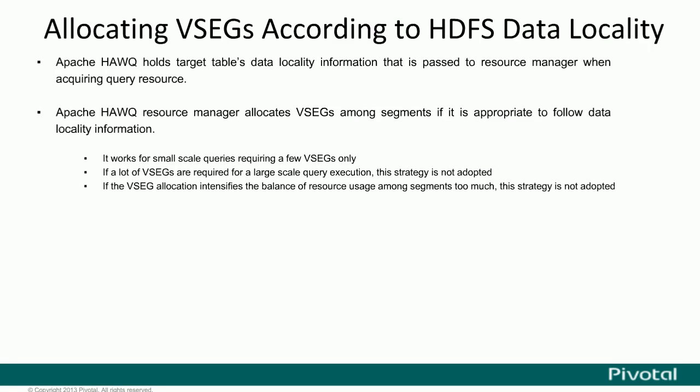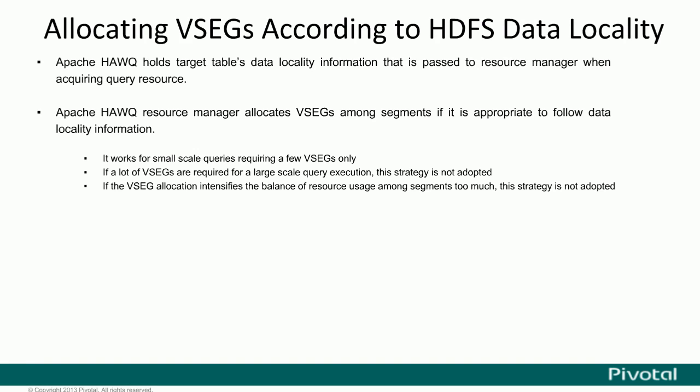Right, and so one thing about Apache Hawk, we get the data locality for the cluster via queries of the name node. That's one new feature in Hawk versus some of the prior releases, where we'll go out on a per block basis to determine the data locality. So when Hawk Resource Manager starts to allocate the VSEGs to do processing, it's going to allocate those VSEGs on hosts that have access to that particular block of data.